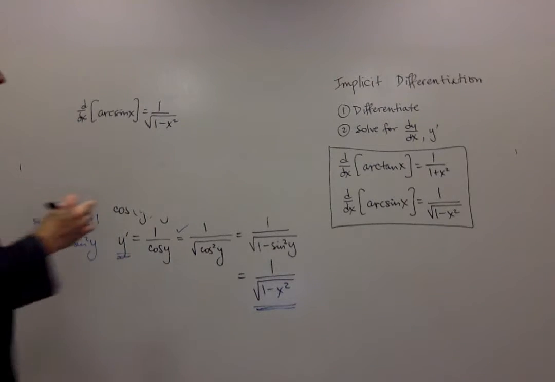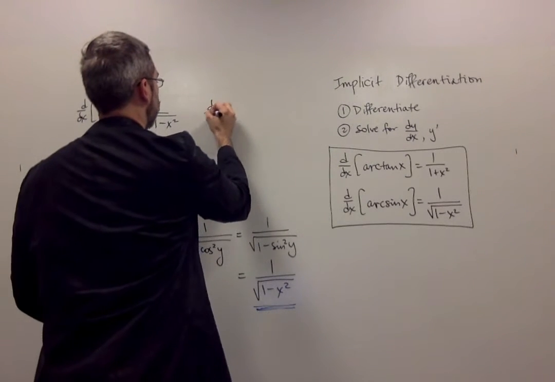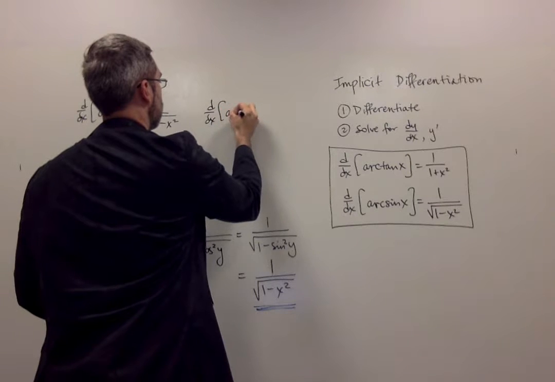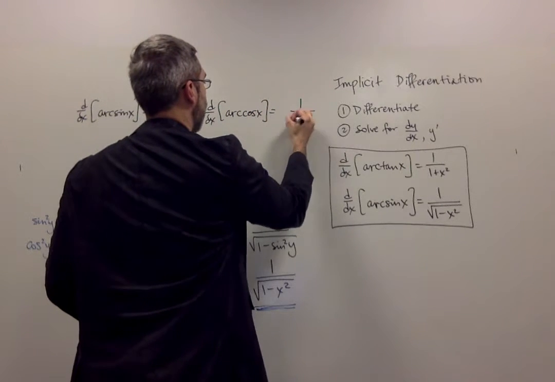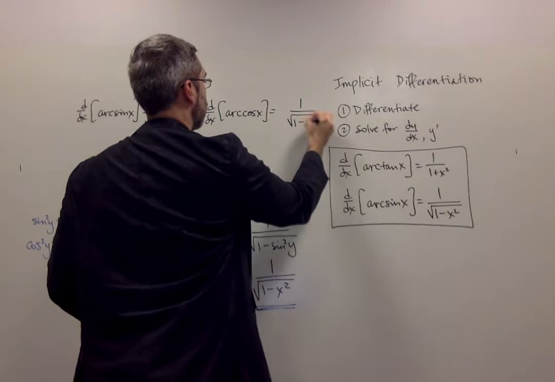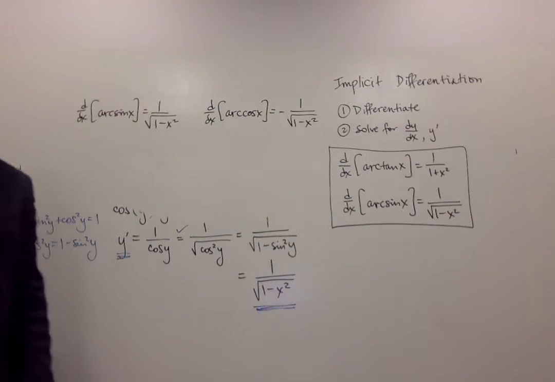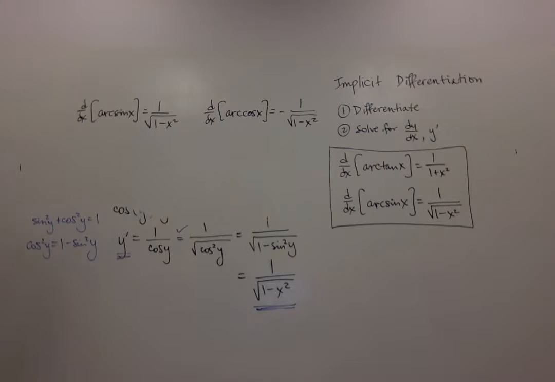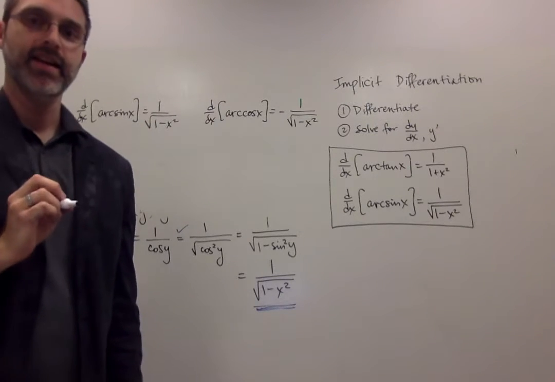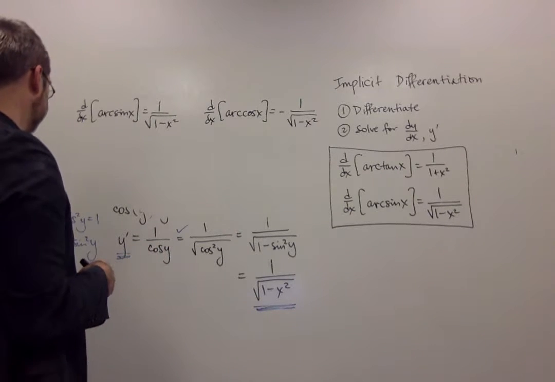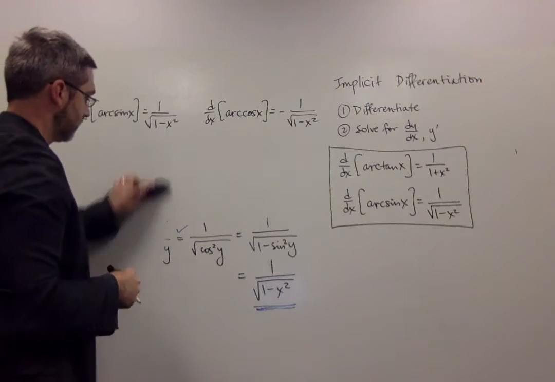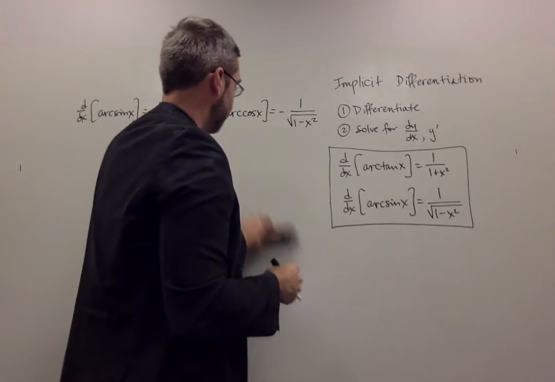It turns out the derivative of arccosine is actually exactly the same, except it has a minus sign. And it might be interesting for you to think about why. Try to prove that. You don't have to do that for homework. It's just something to think about.